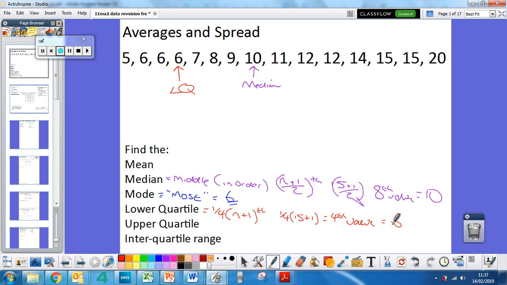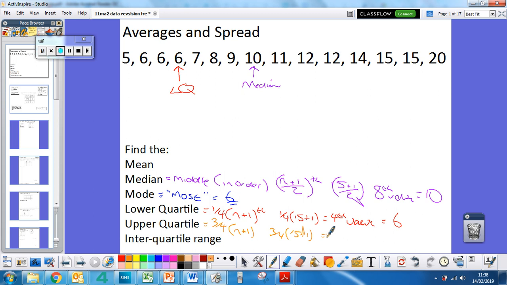In the same way, the upper quartile is 3/4 of the way through the list, 3/4 of the way through the data set. For this one, we do 3/4 of (n plus 1). So that's going to be 3/4 of 15 plus 1, so 3/4 of 16.